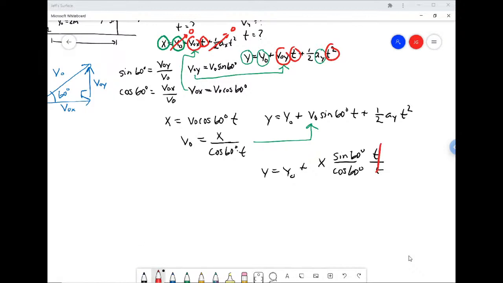So the t's cancel, plus 1/2 ay t squared. And what we have now is an equation where we know y final, y initial, x final, ay. So the only thing in this equation we don't know is time. So we can solve for it.